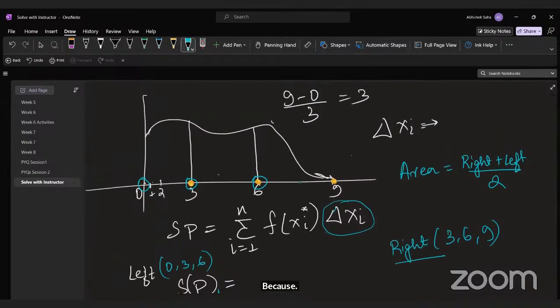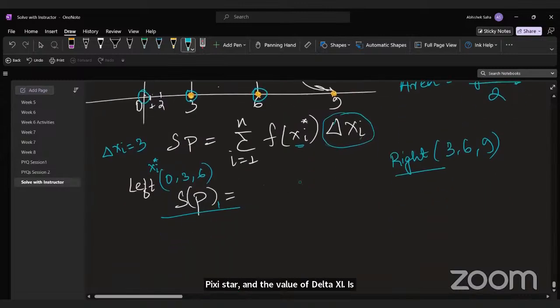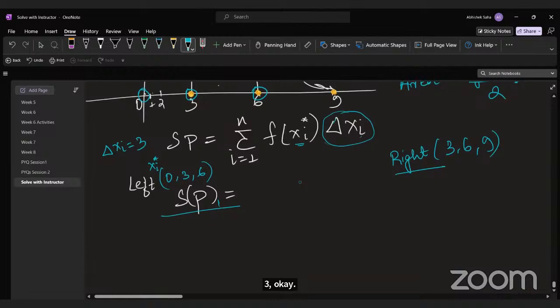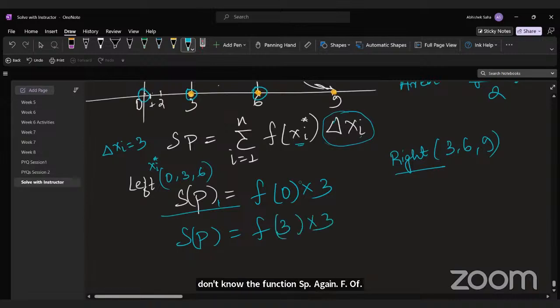These are the points, the xi stars, and the value of delta xi is 3. Let me write it. For the left sum, it will be f of 0 times 3, I don't know the function, plus f of 3 times 3, plus f of 6 times 3.